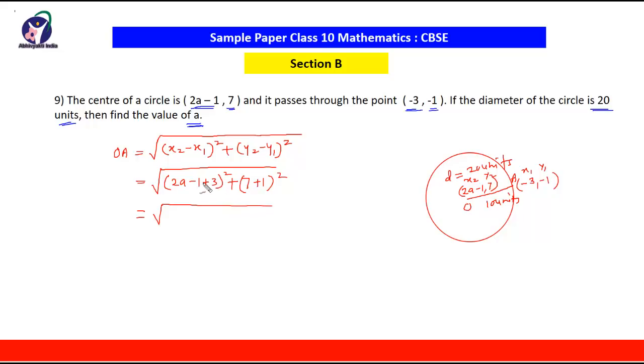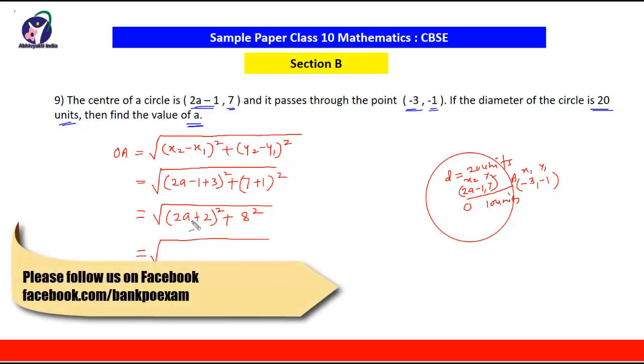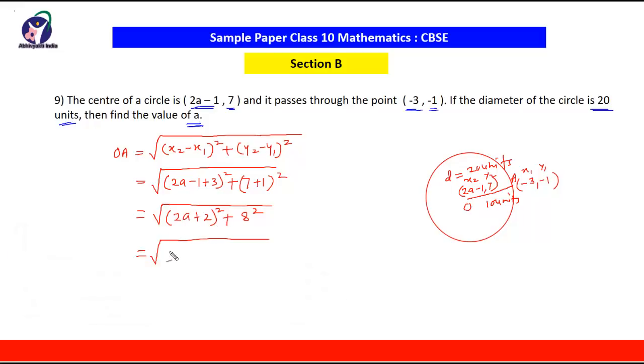So this can be solved further as square root of 3 minus 1, that will be 2, so it is (2a plus 2) bracket square plus (7 plus 1), that is 8 square. So which is equal to square root of, now we will open this bracket, this is (a plus b) bracket square, so a square will be 4a square plus b square will be 4 and 2ab, that is 2 2s are 4, 4 2s are 8, so plus 8a plus 8 square will be 64.